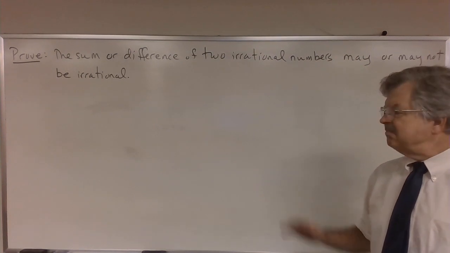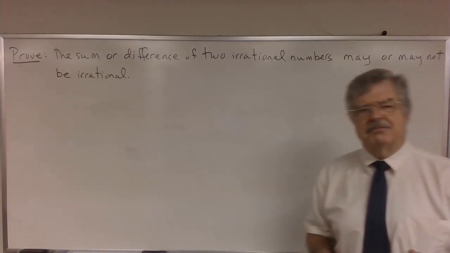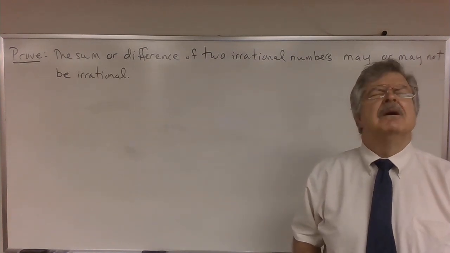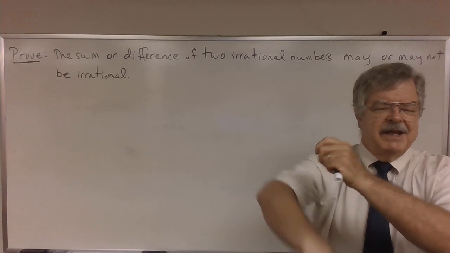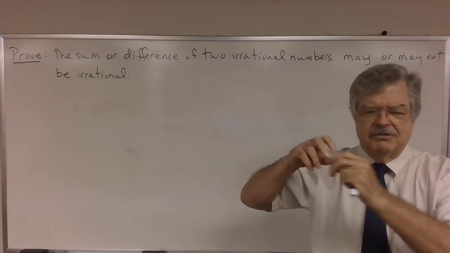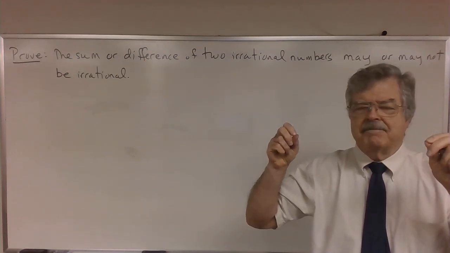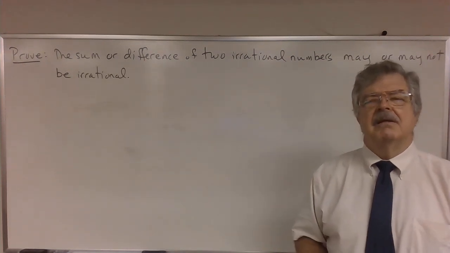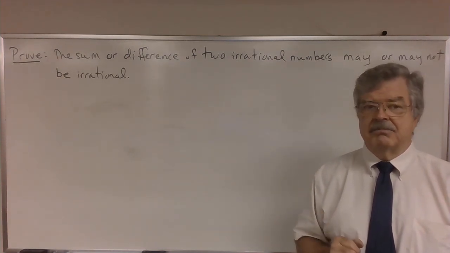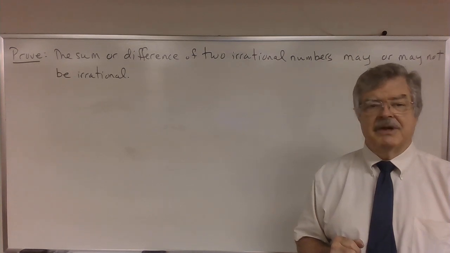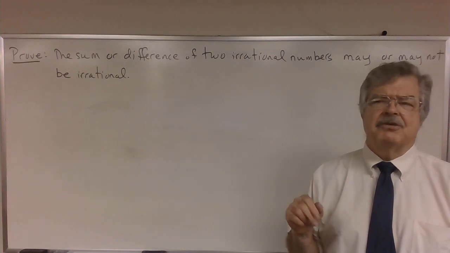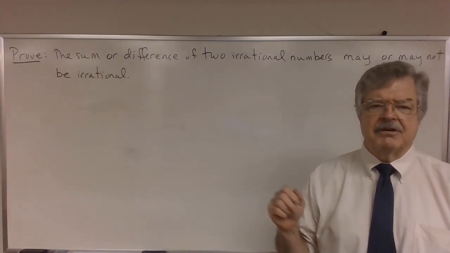If we put on a blindfold and stick our hand into a bag containing irrational numbers, and pull two irrational numbers out of the bag, any two, the sum of those two irrational numbers could be rational, or it could be irrational.